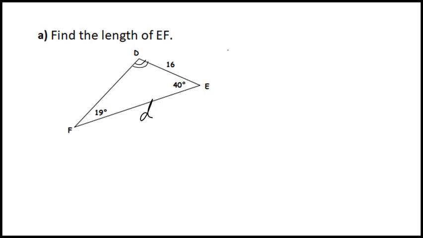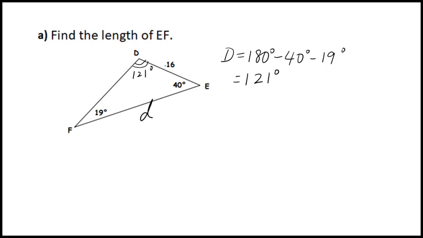Therefore, angle D equals 180 degrees minus 40 minus 19 degrees. So you get 121 degrees. We will label it here as 121 degrees.